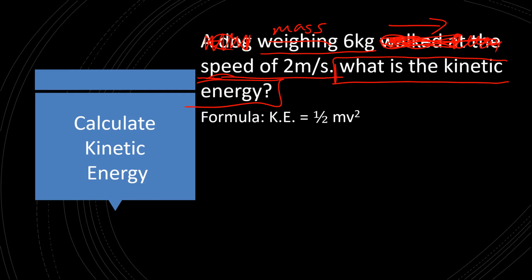So reading into that question, we have kinetic energy equals 1/2 mass times velocity squared. Now, we don't know what the kinetic energy is, so that's the obvious unknown.